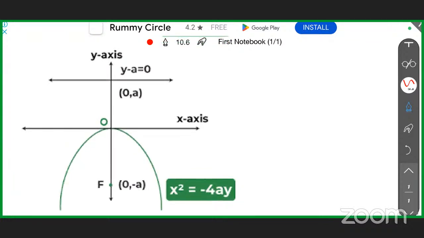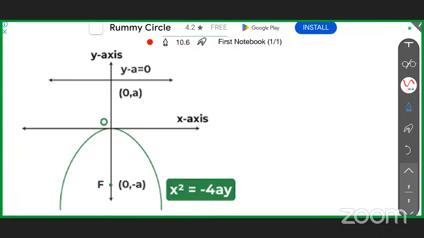Whichever variable you are defining the parabola by, if by y square, the parabola will be resting on the y axis. Since I am defining my parabola on x square, the vertex will be at the origin.